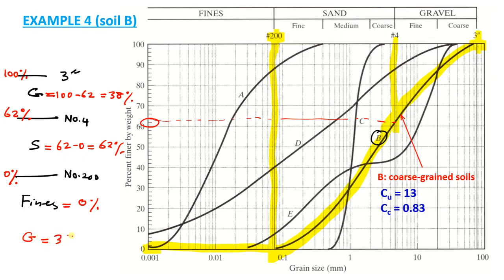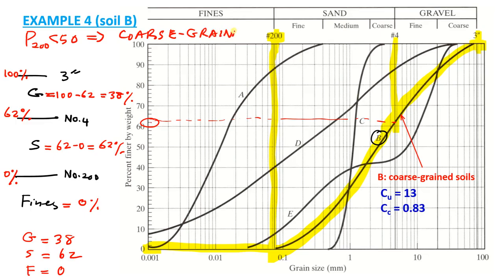Gravel is 38, sand is 62, fines are 0, and passing number 200 is less than 50 definitely. So it is a coarse grained soil. So we have to look at the coarse grained table.